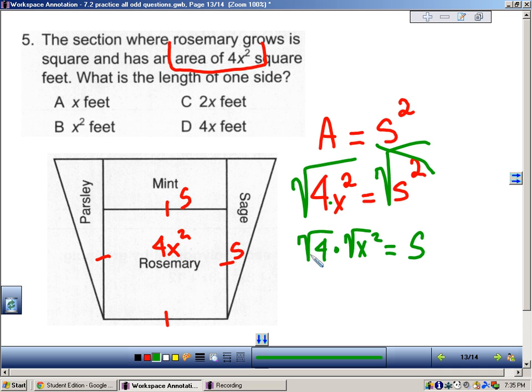So radical 4 is 2. Radical x squared is x. And so my side length is 2x. Looks like a 5, I know, but it's S. So the answer is C. Definitely a different question. Makes you think.